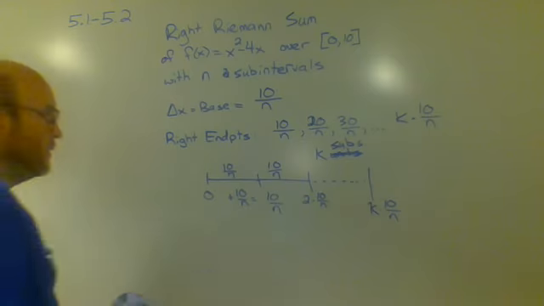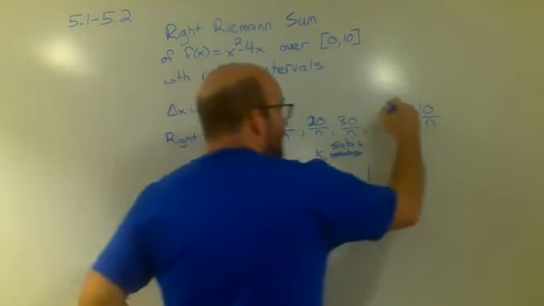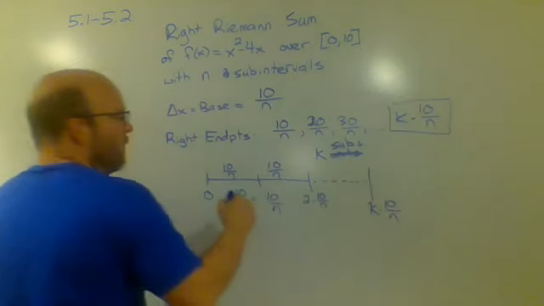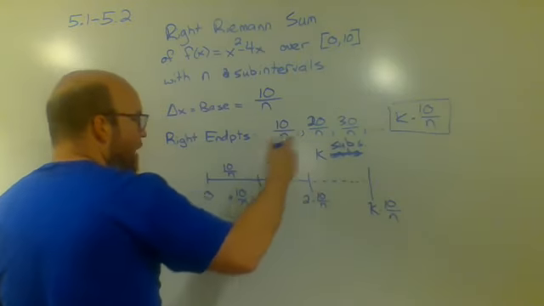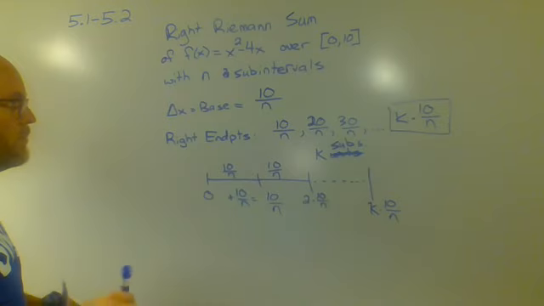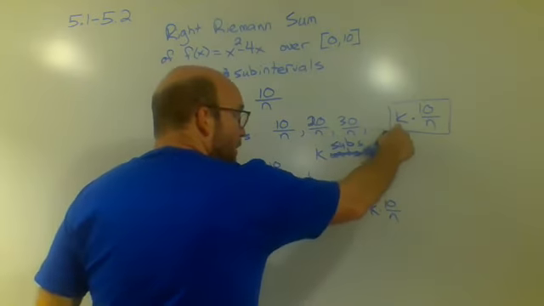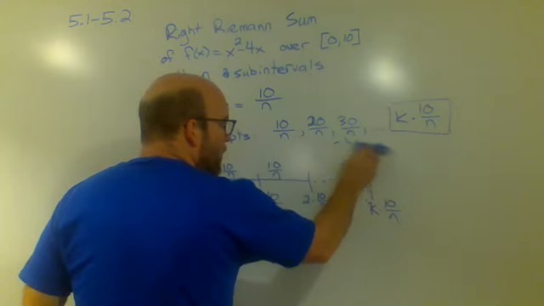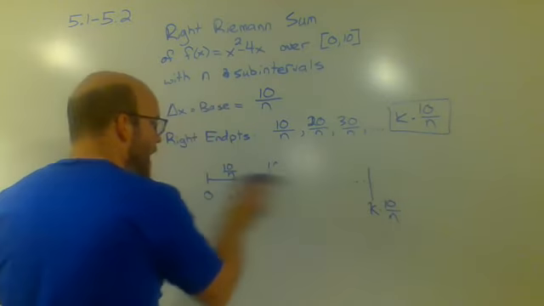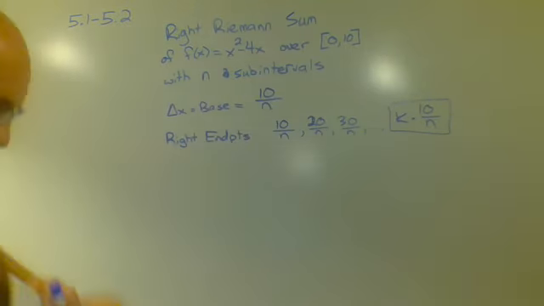Okay. So again, this idea of figuring out the relationship here, from either just a pattern of what you're writing out or trying to maybe visualize it, is the tricky part. Once you figure out that the right endpoint is given to you by whichever subinterval you are on times 10 over n, the rest of this fits exactly the same.